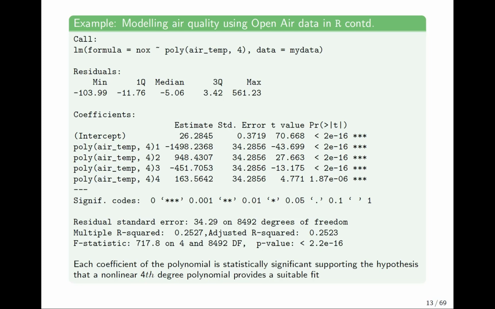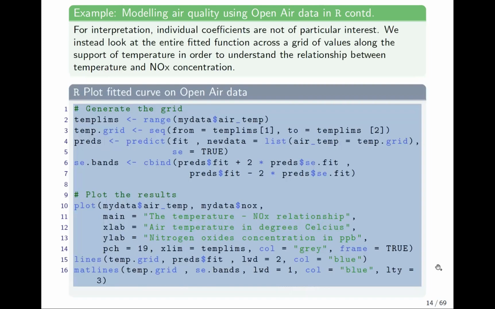We've only got 1. So what we want to do is look at the entire fitted function across a grid of values. That's going to tell us how the fitted curve looks across the support of temperature, in order to understand the relationship between temperature and NOx concentration, in order to see the nonlinearities in the relationship itself.